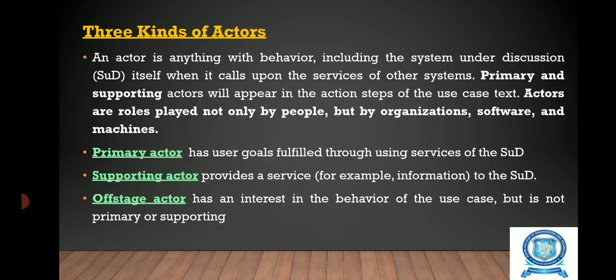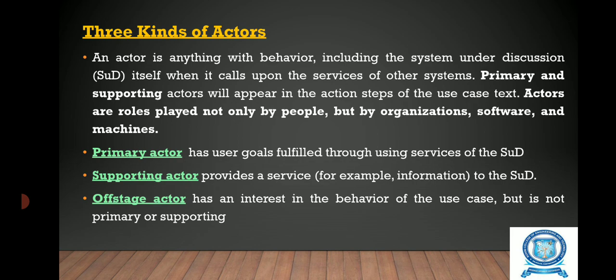There are three kinds of actors here: primary actor, supporting actor and offstage actor. An actor is anything with behavior, including the system under discussion, that we call SUD, itself when it calls upon the services of another system. Primary and supporting actors will appear in the action steps of the use case text. Actors are the roles played not only by people but also by organizations, software and machines.